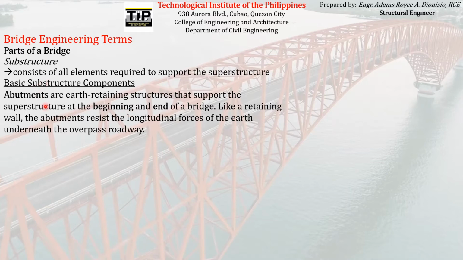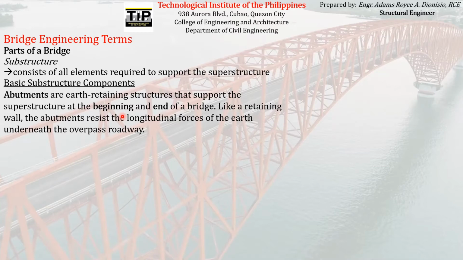So usually abutments are used to retain earth, because usually the beginning and the end of a bridge has earth to be retained so that our bridge can have stability.